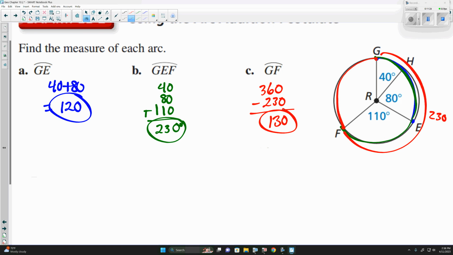I looked at the part, because all the other three added together would be 230, yes? And the last one, GF, is the one section that the rest weren't. So we took the other three away from 360 and found that GF is 130. Questions on this here?